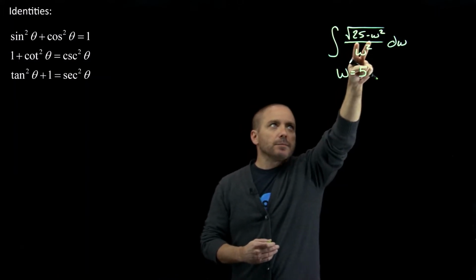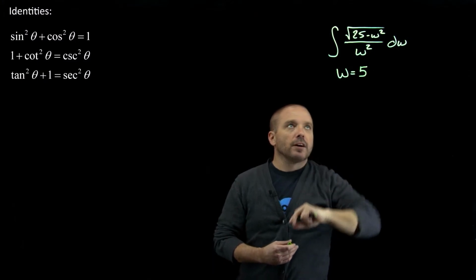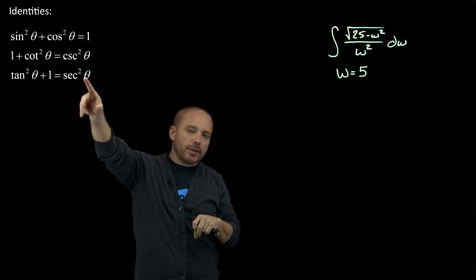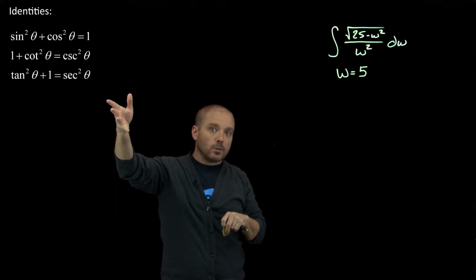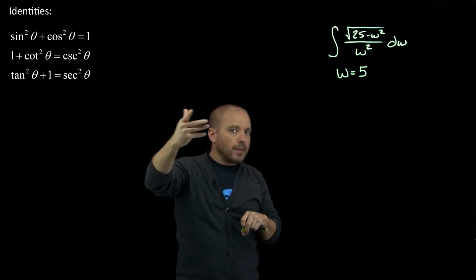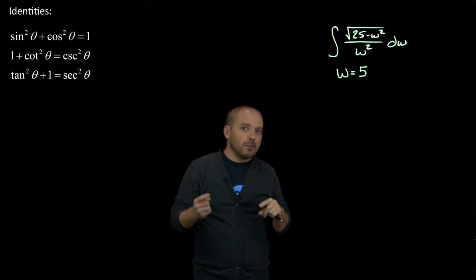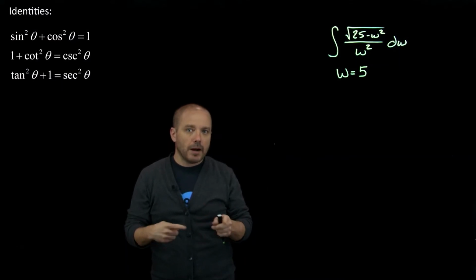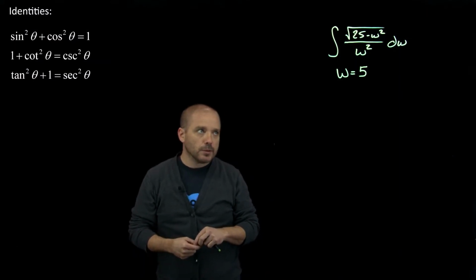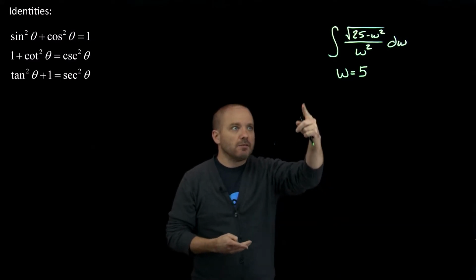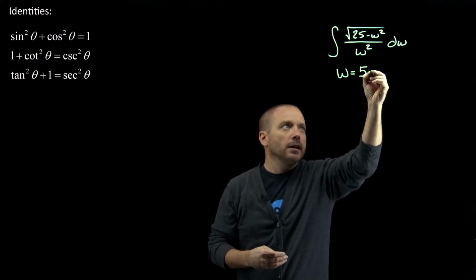When the 25 comes out, we're going to have 1 minus a trig function squared. And if we look at our identities, the first one there, sine squared plus cosine squared equals 1. You could solve that for either sine squared or cosine squared. So you could have 1 minus cosine squared equals sine squared, or 1 minus sine squared equals cosine squared. So either one would work. So this could either be 5 sine or 5 cosine.